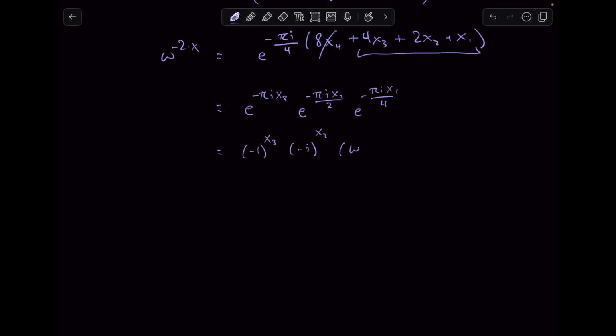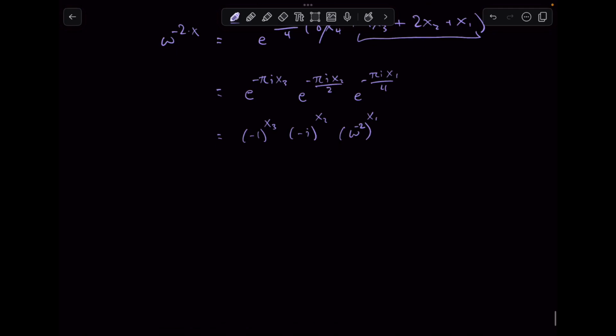The 16th root of unity raised to the power of 2, or minus 2, x1 here. And so this is essentially the phase that we want.